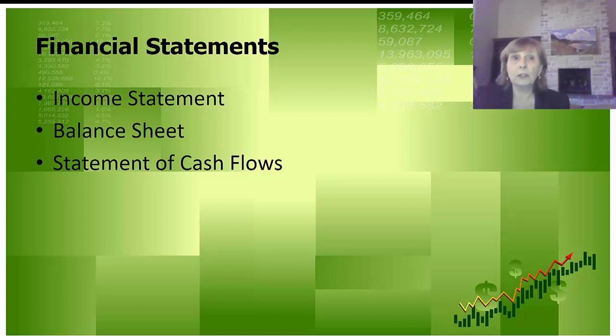One of the important things to learn about an income statement is that the income statement is typically for one fiscal year. A fiscal year can start January 1 and end December 31st. That's the most common, but it can start at any other time in the year. So you could do a September 1 to August 31st. It's really based on when you set up your business and what type of tax year you set up.